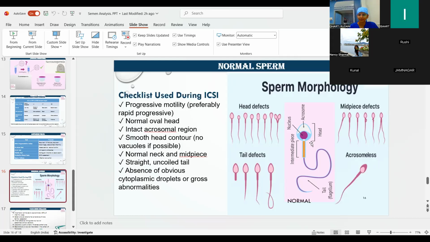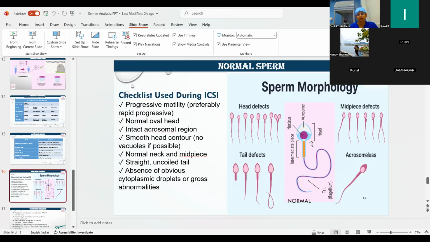Yes. So I was telling you motility is more important than morphology. That is what Nancy is trying to say. Yes, sir. If I have to choose between motility and morphology, it is definitely motility first, because sperm should be viable. Viability is more important. If a sperm looks normal, but it is not moving at all and it's not viable, there's no point in injecting it.